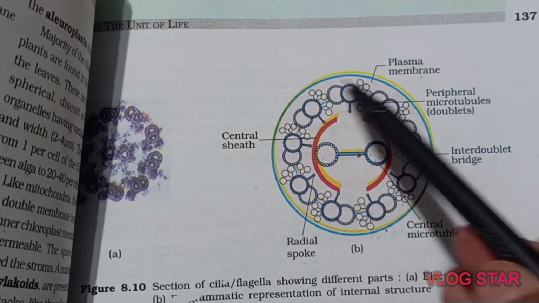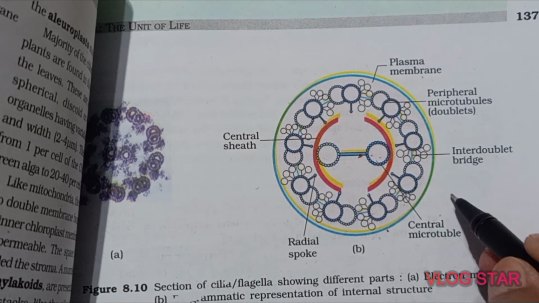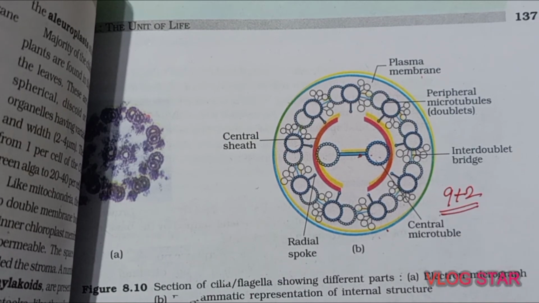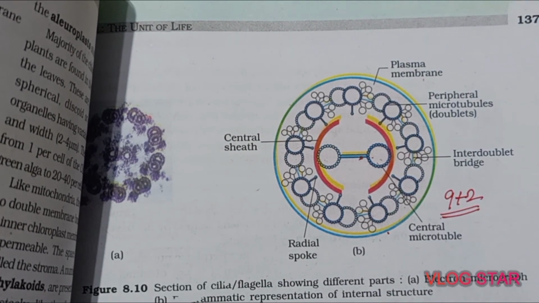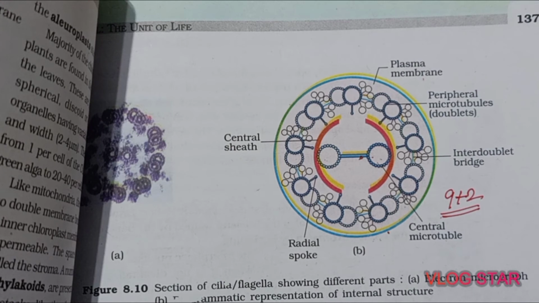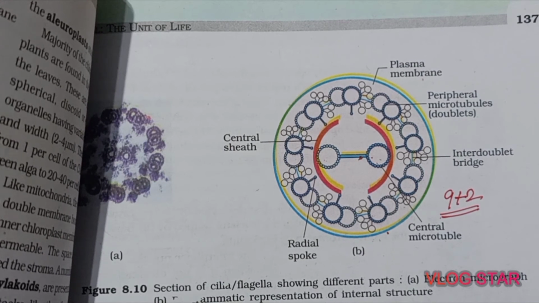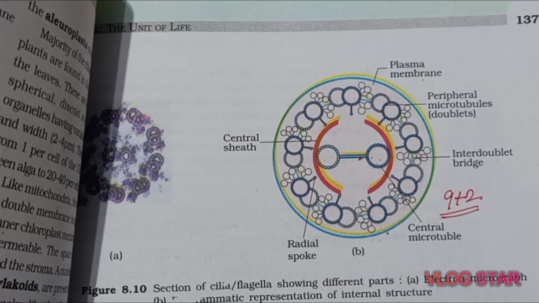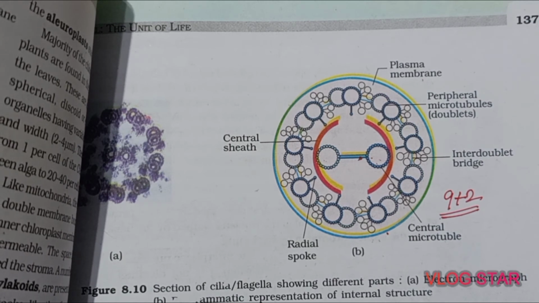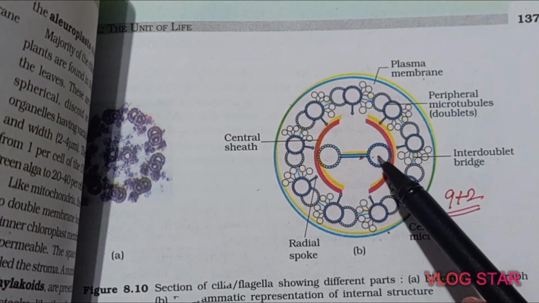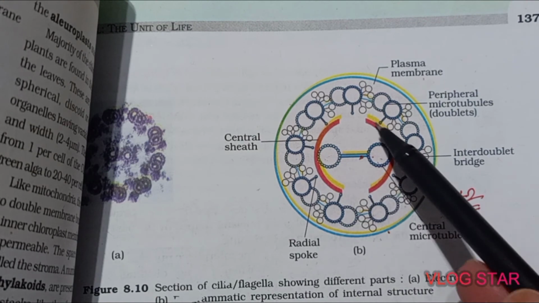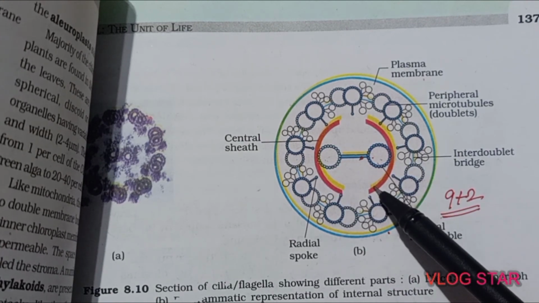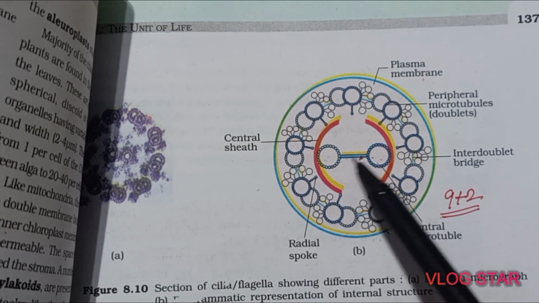Okay. So, this arrangement is also called 9+2 arrangement of microtubules. Generally in cilia and flagella, this 9+2 arrangement of tubules is seen. This is also called 9+2 array. You can see that these two centrally located tubules are covered by a central sheath. Okay. They are connected by a bridge.